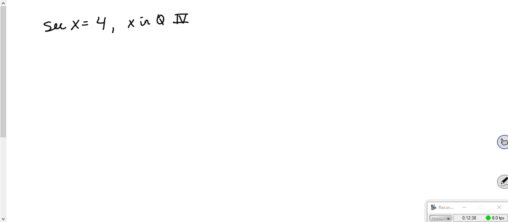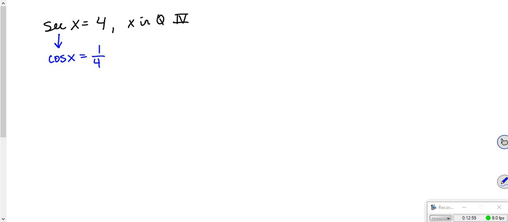Now, if secant x is 4, secant is the reciprocal of cosine. So this tells us that cosine x equals 1 over 4.